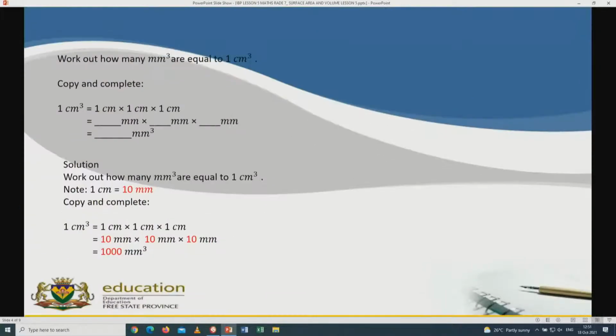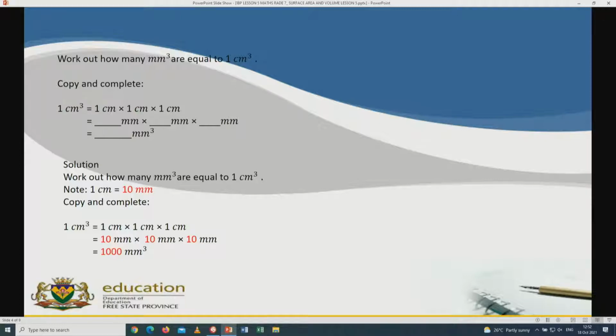Okay. Now, let's have a look here so that we have a better understanding of how it works. Work out how many cubic millimeters are equal to 1 cubic centimeter. Therefore, we have to copy and complete this sum.